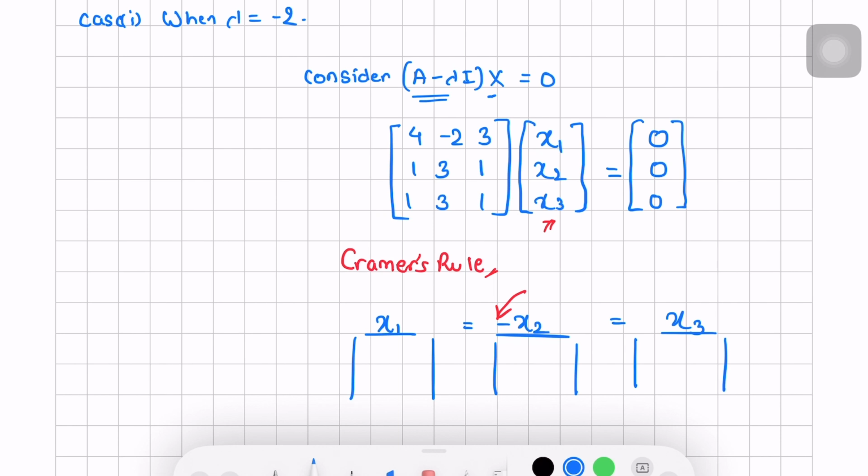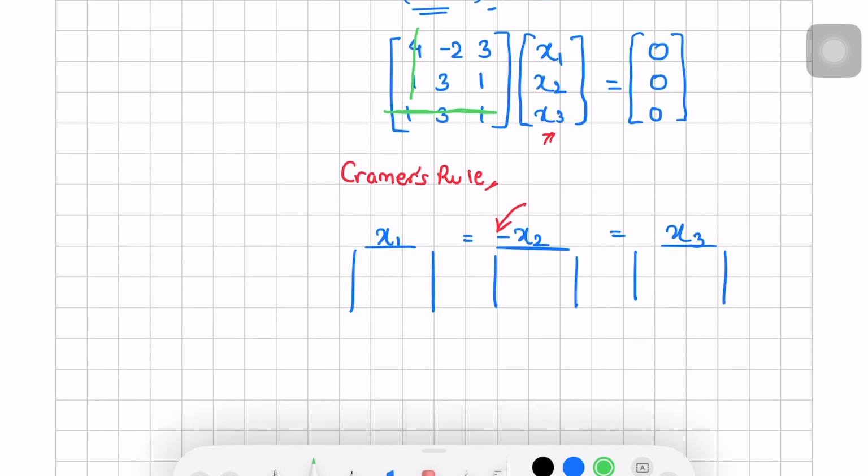So the values which we will write are as follows. The first thing you need to do is to just ignore this column right here. Ignore. And then as we have to find out the value of x1, we will just ignore the first row because x1 means first row, and then we will find out the determinant of the remaining values, that is minus 2, 3, 3, 1.